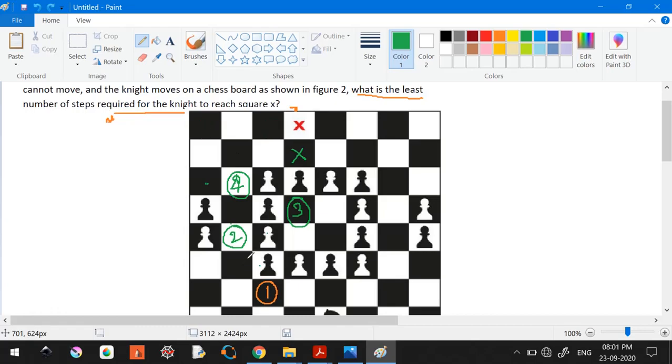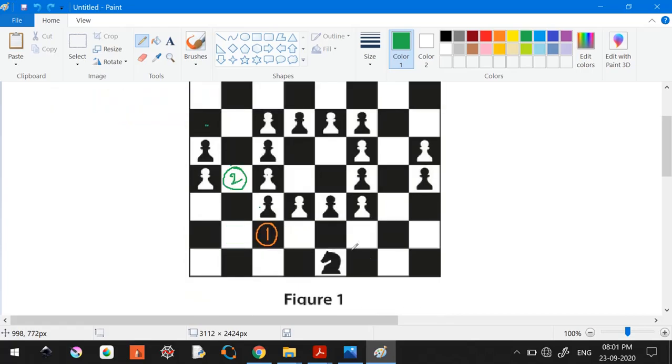So let's do one thing. Let's take another way. Since 2 itself is wrong, what we can do is take this step 2 here, 1, 2, 3. Okay, if I come here, let's think.